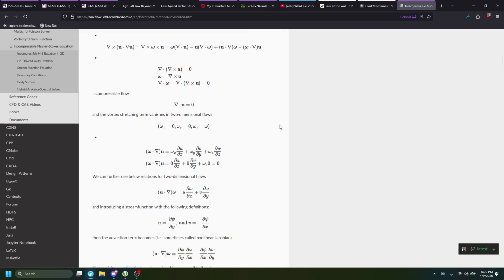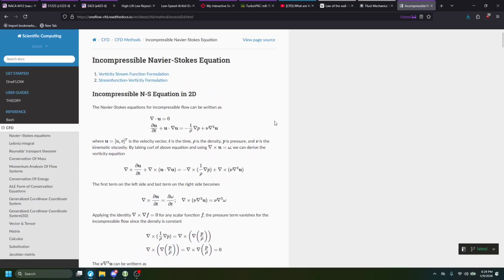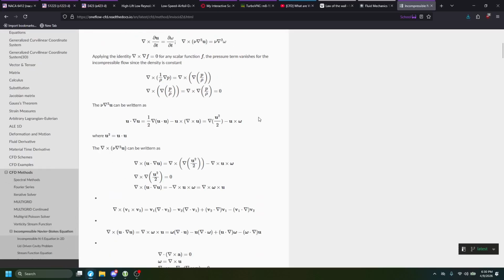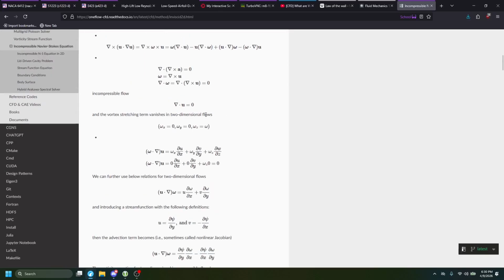So on this website, it goes through the incompressible Navier Stokes equations, for which we use a Reynolds averaged Navier Stokes equation, which is beyond the scope of this little lab. But essentially, what we come to understand is that when we do 2D, we have an infinite direction in the z out of the plane. And so our vortex stretching term, which is this, ends up being 0.